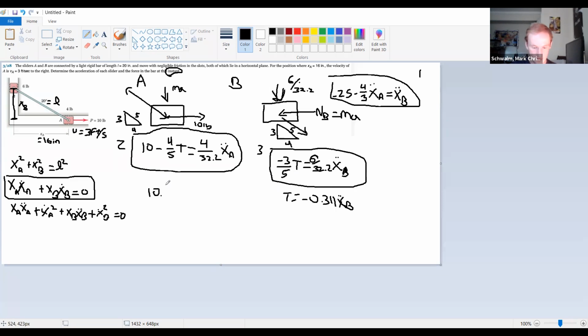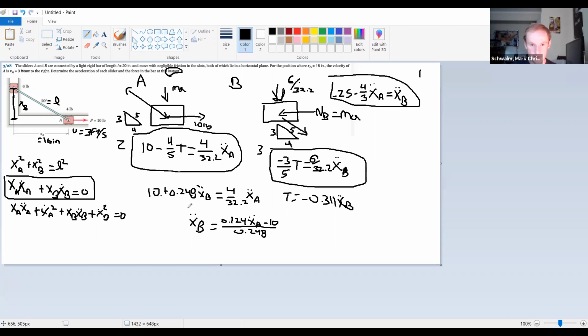10 plus 0.248 x double dot b. All right, so now we have this relationship, and if we clean this up a little bit, we can find that x double dot b is equal to 0.124 x double dot a minus 10, all divided by 0.248.